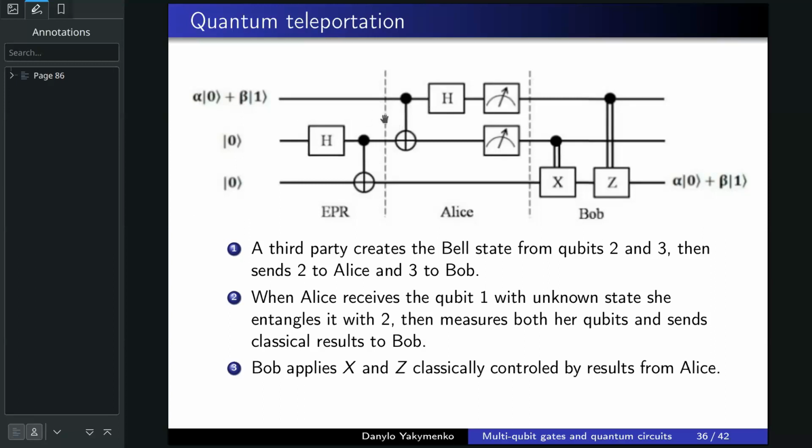So we first note that there is actually no transfer of physical qubits. Only the state is teleported. Only, you may think, these coefficients. And also note that Alice and Bob don't even have to know what this state was.